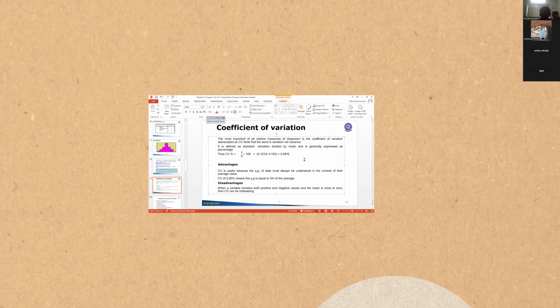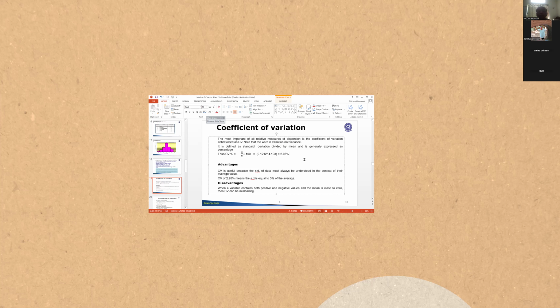You can develop for your particular process what the acceptable value of this percentage should be. So the coefficient of variation helps you decide what the standard deviation should be compared to the average.